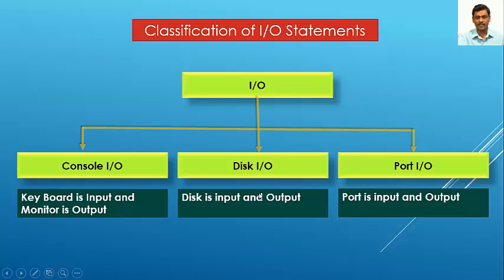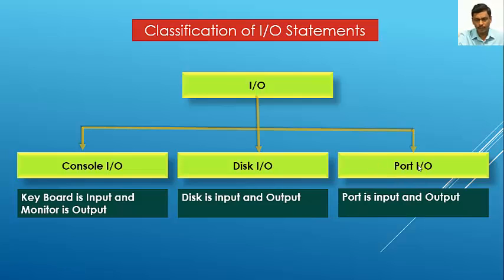So disk input means we get data from a file to the program. Disk output means we store data to the hard disk from the program. We can use console input and disk output, or disk input and console output. As per our requirement, we can use console IO or disk IO.